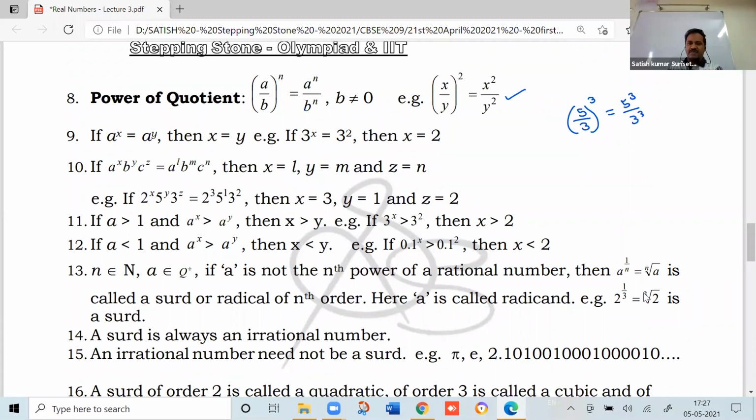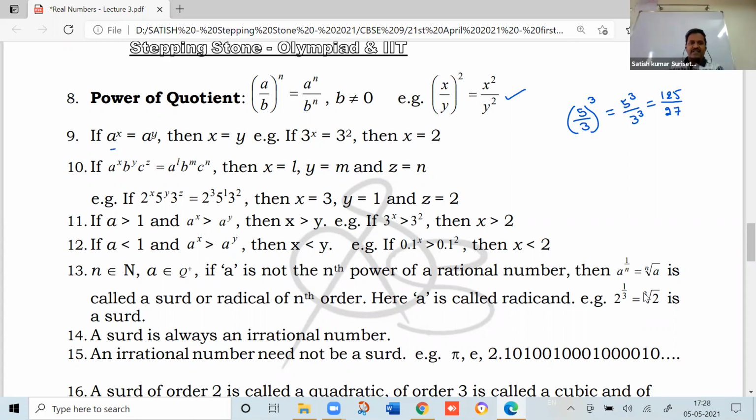What is the 5 cube value, anybody? 5 into 5 into 5, 125, upon 3 into 3 into 3, 27.